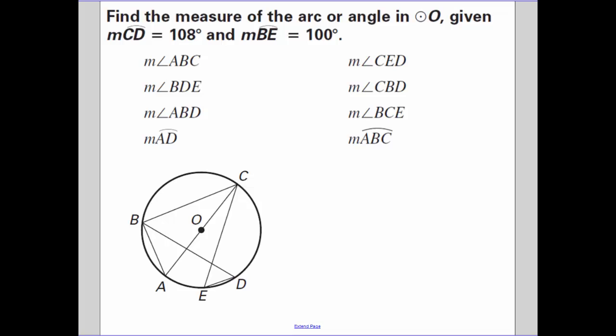Okay, our next example. Finding the measures of the arc or angle in circle O, given that CD, so this arc right here, is equal to 108, and arc BE is equal to 100.